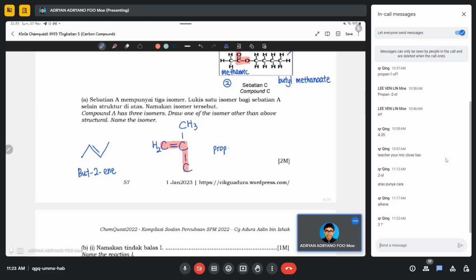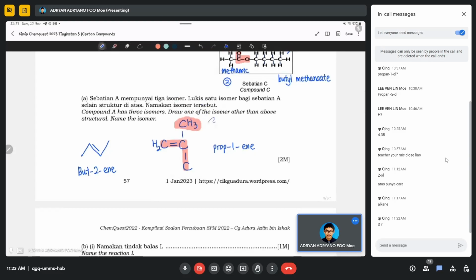那还是 prop-1-ene 对吗？OK, and then 怎么办？现在我还有这个东西 CH3，请问 CH3 是什么？这个就是所谓的 substituent，你们的老师应该有教过。连那个 methyl、ethyl 这些，这些你要懂。So this one is one carbon, right?